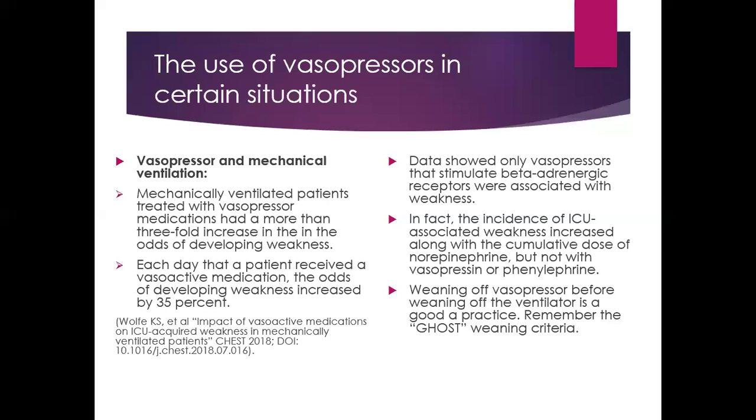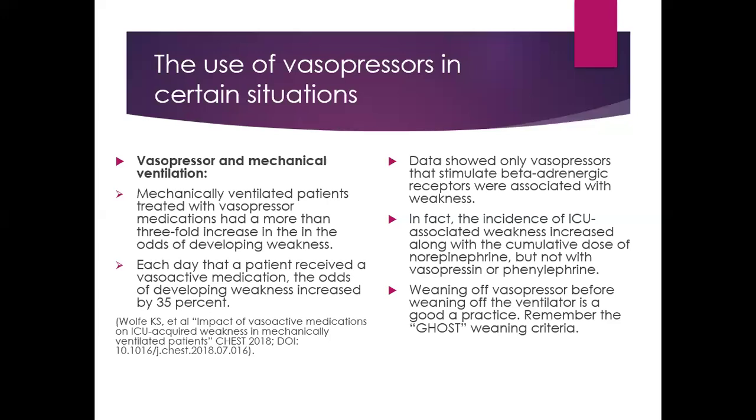G talks about GCS. Your GCS should be at least greater than 10T before you start considering weaning your patient off. This comes in very handy in association with other well-established criteria for weaning off the ventilator.